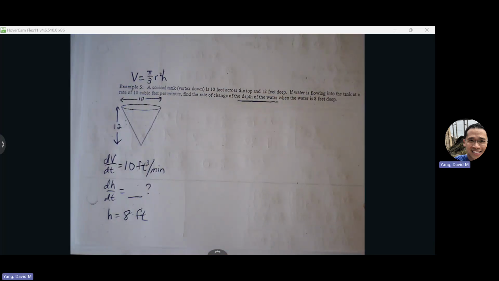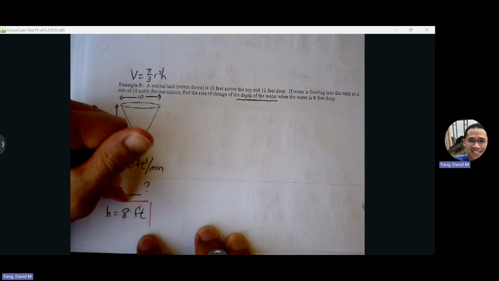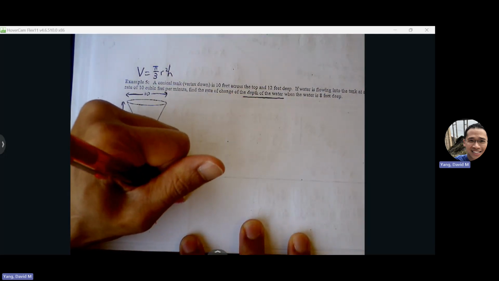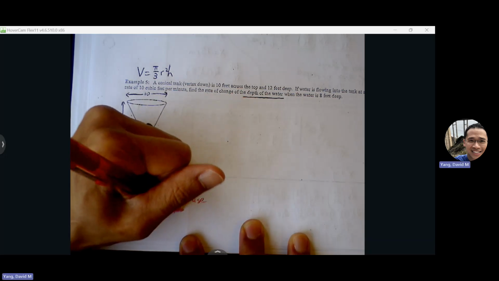Okay, put a star next to the 8 feet. This can distract us because we're going to use it, but not until the end. So do not use until the end of the problem.